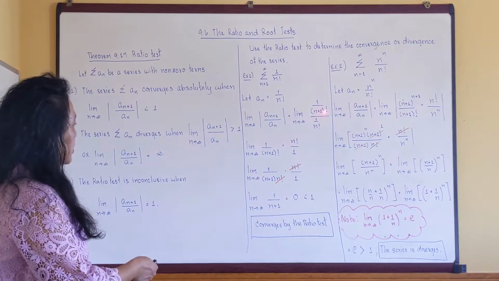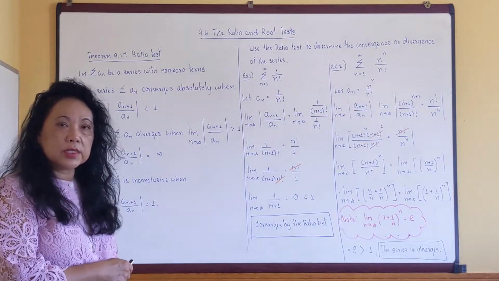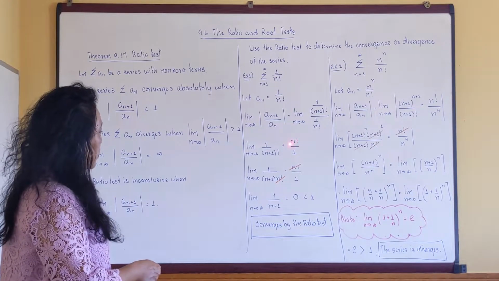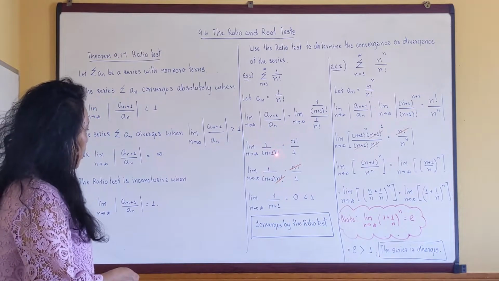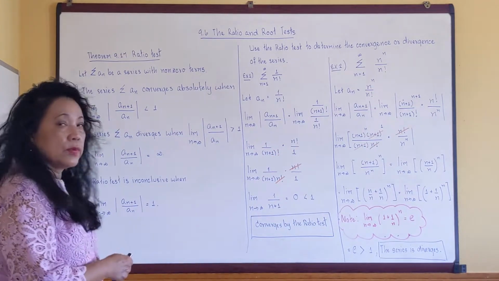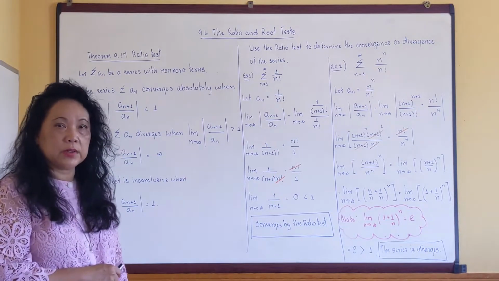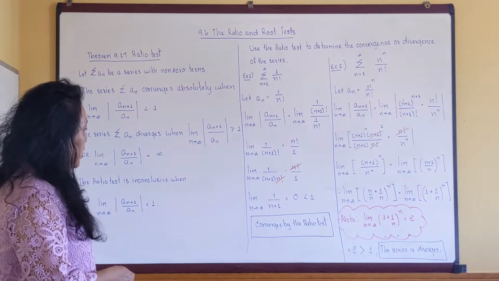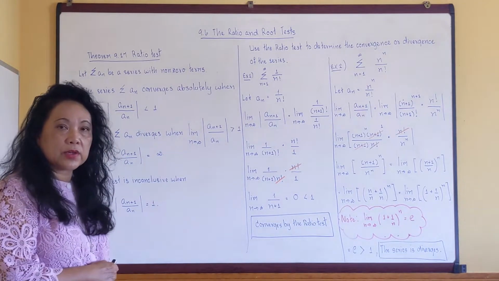Because we have division here, I change to multiplication, so I take the reciprocal of the second term. Then I have n factorial over 1. Now n plus 1 factorial, I'm going to rewrite as n plus 1 times n factorial. That's the same thing. The reason I do that is I have n factorial here, and I want to cancel it with the n factorial here.